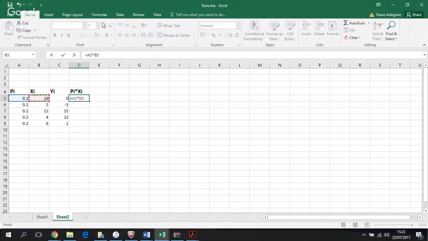Multiply by, and I do know how the variance works. So you drag it down. Right, so let's do the one for the probability pi multiplied by yi.